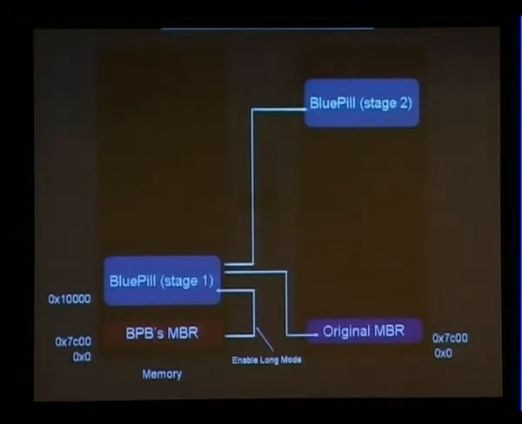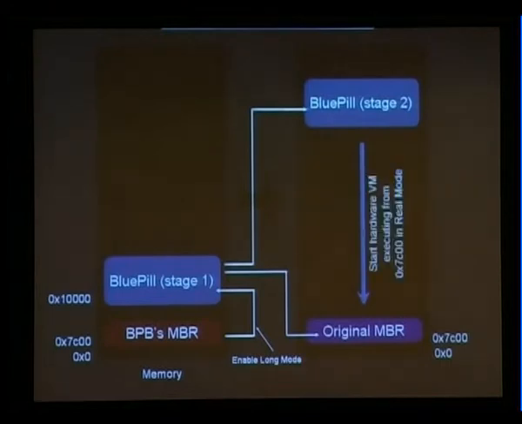It gets the memory layout, finds some free space that it can occupy, copies itself there, relocates everything that needs to be relocated, and then copies the original MBR stored on sector 1 of the real hard disk to the memory at address 7C00, just to emulate the BIOS behavior. And then Bluepill begins to virtualize the original MBR in the real mode.